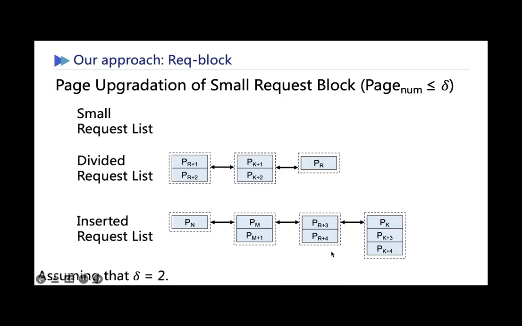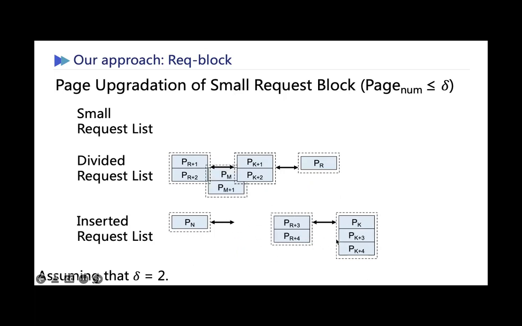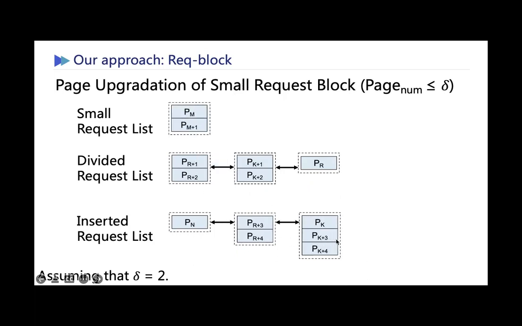Assuming that page K plus 1 is hit, we move the request block to the small request list. Similarly, we make the same adjustment for the page hit on page K plus 1.